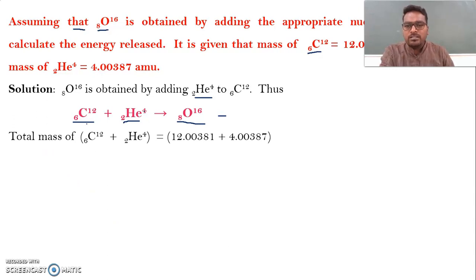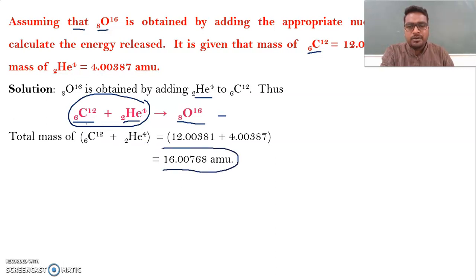So the total mass of these two reactants is nothing but C12 plus helium. So it gives 16.00768 AMU. This is the mass of the individual nuclei, and we know the mass of oxygen 16 is 16 AMU.